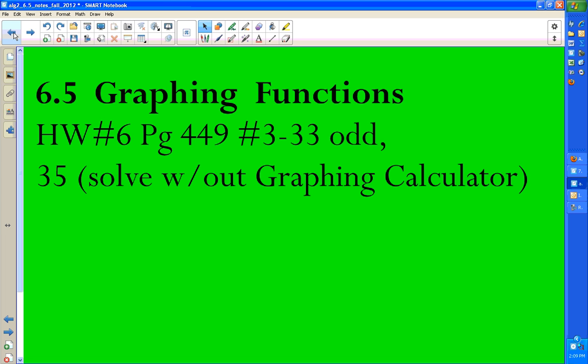I would highly encourage you not to use a calculator to determine these answers. You will get them wrong if you use a calculator. That's what I'm telling you. The option is totally up to you. You won't get a 0, I wouldn't think, just because you use the calculator. But you will get problems wrong if you use a calculator to simplify them.